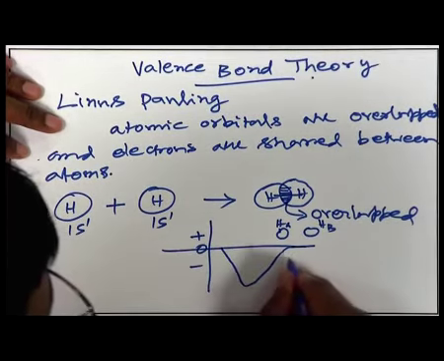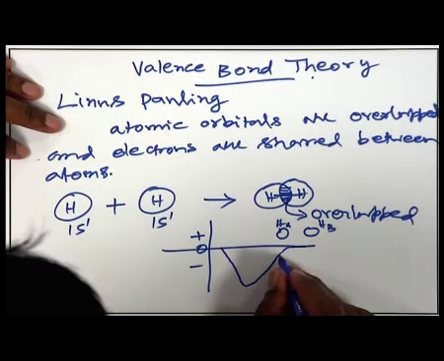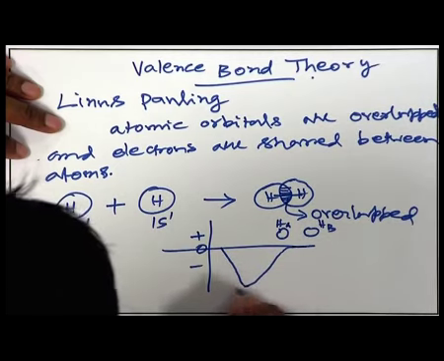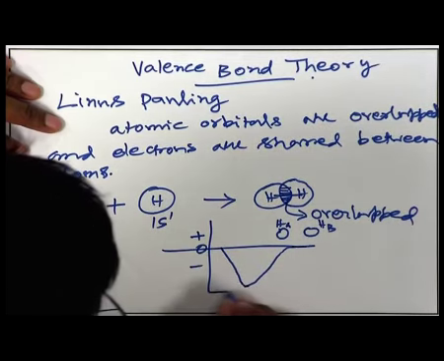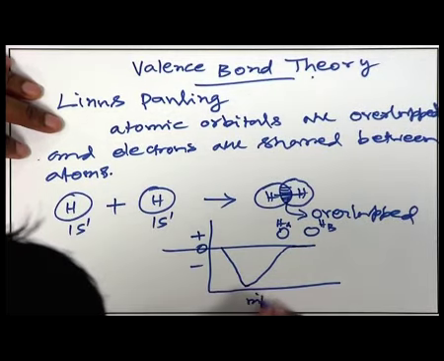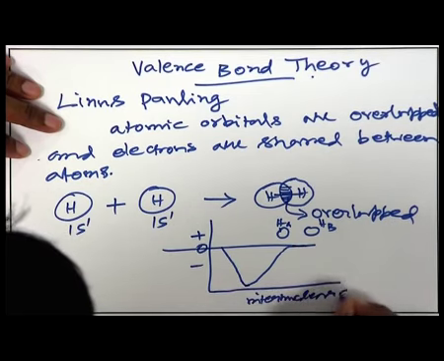As they get closer they attract each other, that is why the energy is decreasing, becoming negative and then reaching the minimum. This axis is the internuclear distance.